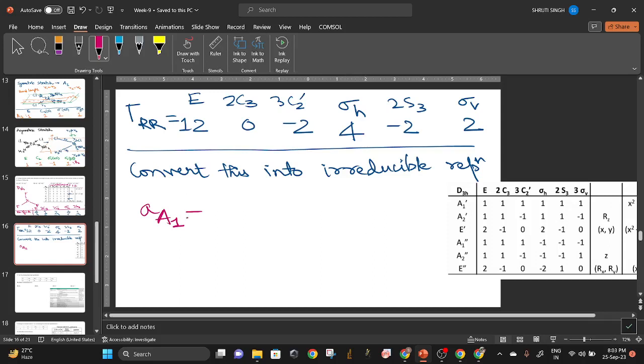Now you do this: 1 upon 12, rest of the things you fill, and tell me how much it is coming. 12 into 1 into 1. You do it and just tell me the final answer.